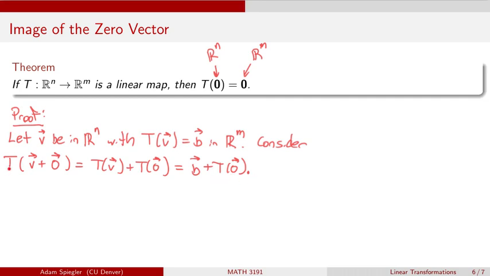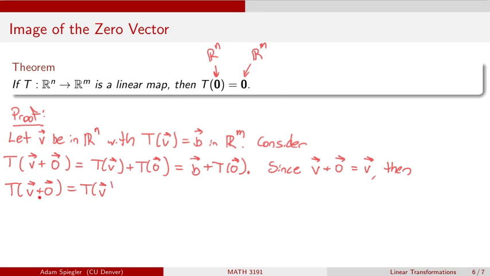So on the one hand, taking the transformation T and applying it to vector v plus 0 gives me the image of v, which is vector b, plus the image of 0, which we don't know just yet. Since this vector v plus vector 0, by definition of the 0 vector, gives me the vector v, then another way that I can think about this is the transformation of v plus 0.